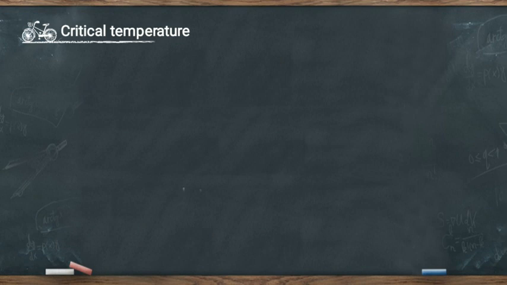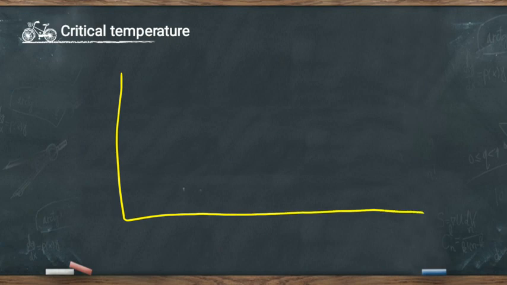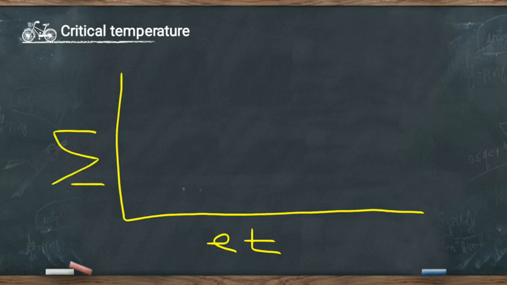Let me again do this graph. The graph is like this. This is the environmental temperature. On the vertical axis, metabolic rate, let me just put M. We are decreasing the temperature.